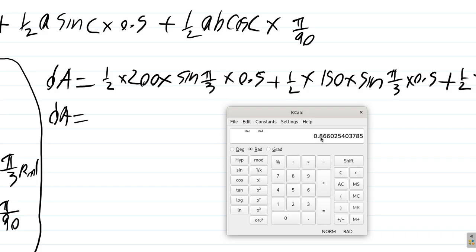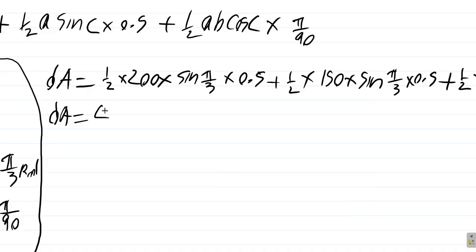I'm supposed to find the sine of that, the sine of 1.047, times half of 200 is 100, times 0.5 equals. So you have 43.3 for that part, plus.